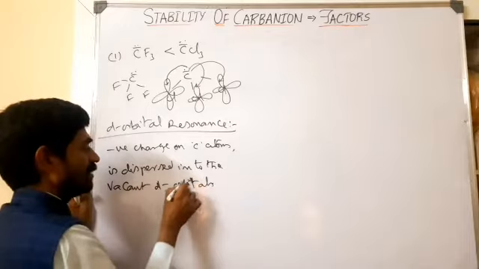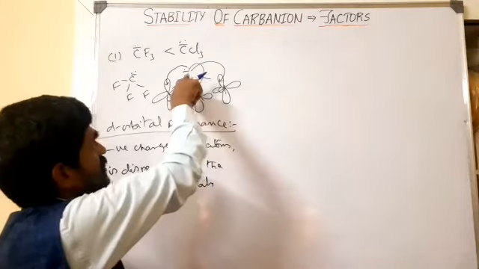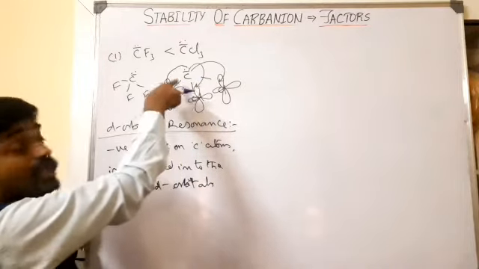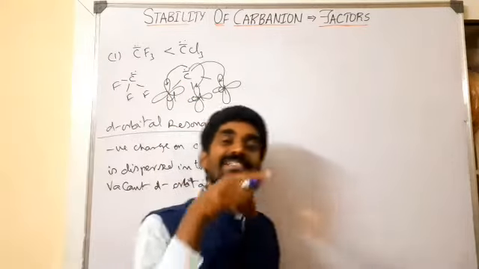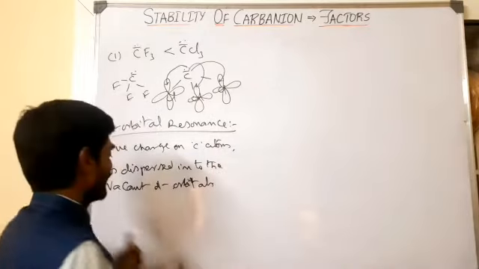So this is called dispersal of charge. Negative charge is dispersed into the vacant d orbitals, meaning the negative charge density over the carbon decreases.